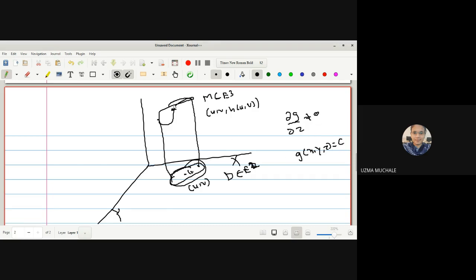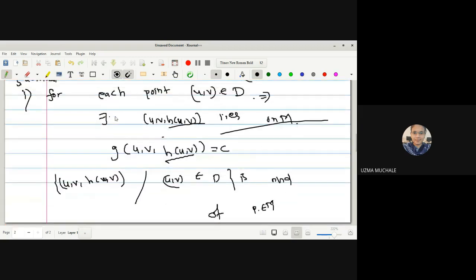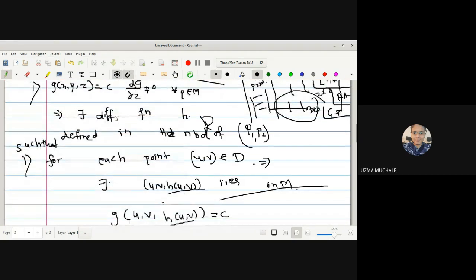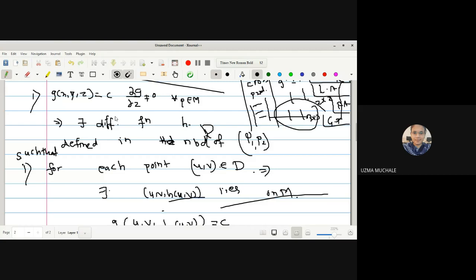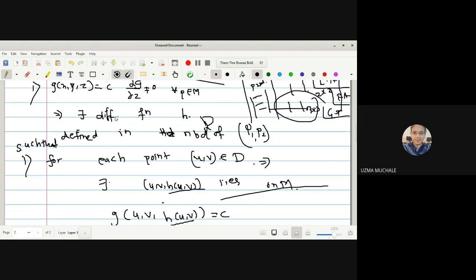Okay, so which ensures these two conditions. The first condition is what? Yes, for each point, there exists a differentiable function h defined in the neighborhood D of a point (p1, p2), such that for each point (u, v) belongs to D, there exists a point (u, v, h(u,v)) which lies in the surface.